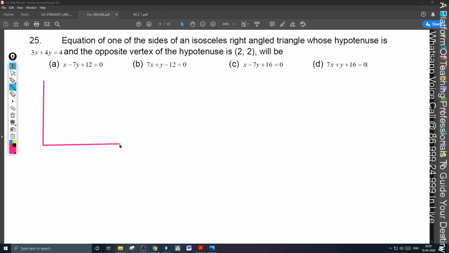This is equal side to that one because isosceles. And this is the hypotenuse. Now the vertex which is opposite to the hypotenuse is given to me. Let me say A (2, 2).